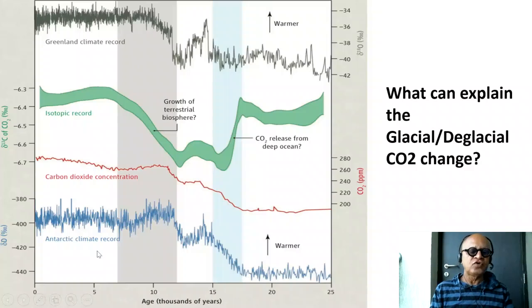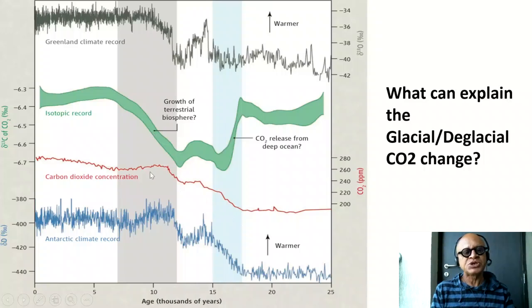So looking again, if you look now at the same period going from 25,000 to the current, this time scale is going this way. So you have the deuterium, delta O18 here again, and you can see the blips we have seen, and we have the Holocene here, and the isotopic records of terrestrial organic carbon delta C13 can be seen here to have growth of terrestrial biosphere as part of the solution for CO2 change.